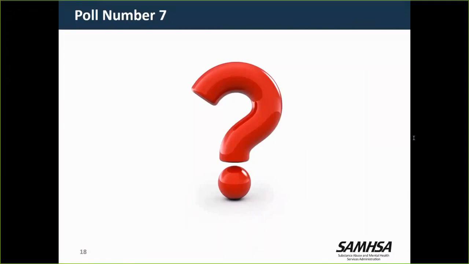There we go. So for those of you who do have both CANS and Wraparound, we're kind of curious about how you sequence your work. Which of these steps typically comes first? Use the CANS to interview the family, explain Wraparound to the family, engage the family to understand their story, engage referral sources and potential team members to understand their perspective of the situation.